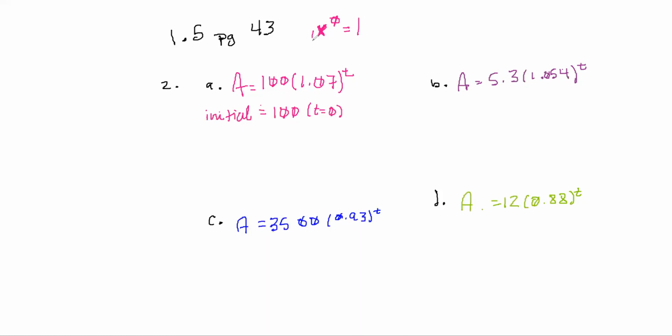So I could pick whatever number I want to be here, and it's always going to equal 1. So this is going to be 1 times 100 to get our initial value. That's just a rule of exponents that makes this process easier.